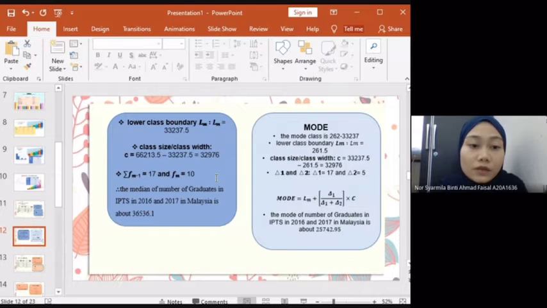The cumulative frequency for this measure is 17, and the frequency is 2. The median of the number of graduates in IPTS in 2016 and 2017 is about 36536.1.